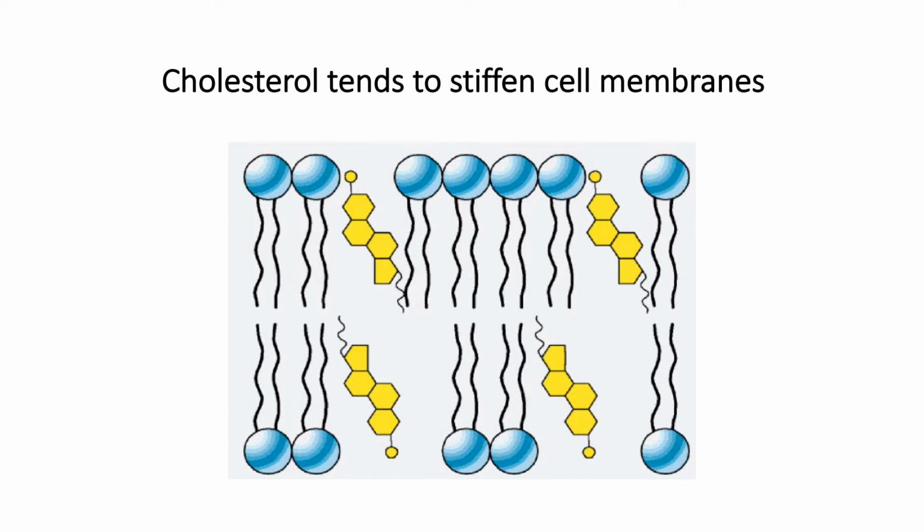And presumably that's one reason why if you have enormous amounts of cholesterol, the membranes can actually get a little bit brittle. But the function of the cholesterol is to help stabilize these membranes. Now, just the lipid bilayer alone, without any proteins, it is an absolutely amazing barrier or boundary for the cell.